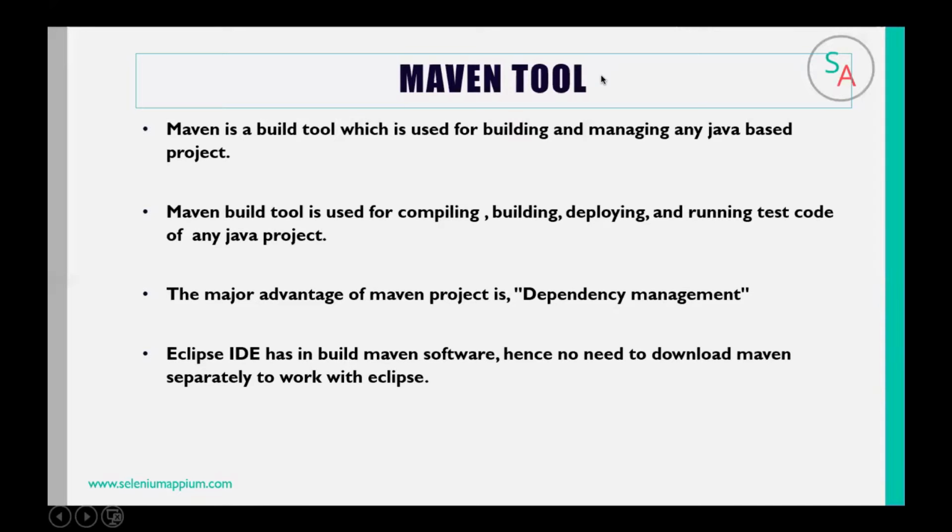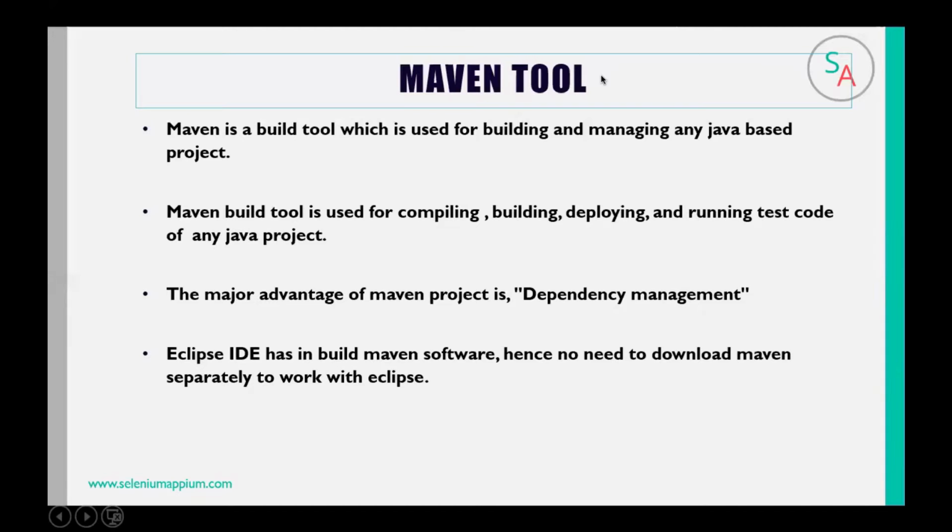In future, if the Selenium version is changed, you have to delete the existing Selenium jars from your Eclipse and download the latest Selenium jars, add them to your build path. This is a very tedious process.